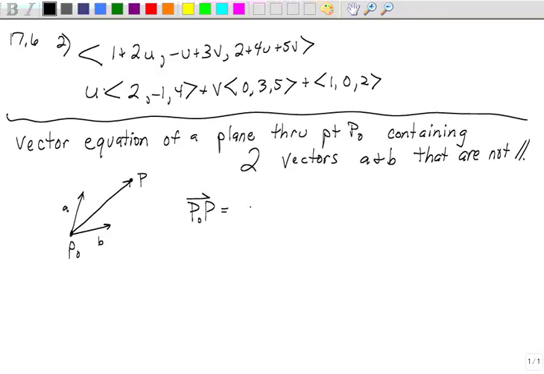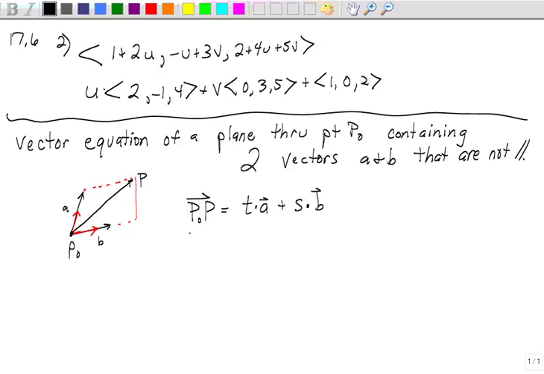we can write as some scalar times A, so make A longer in this case, and some scalar times B, so we have this, and we can write it as the sum of TA plus SB. So actually, let's let A be there and B be here. T and S are scalars.